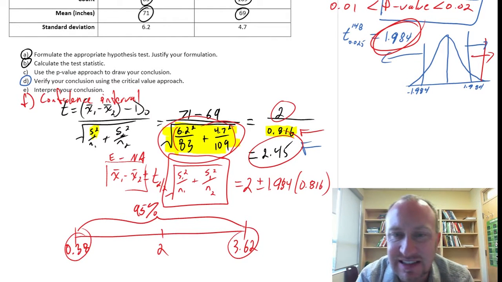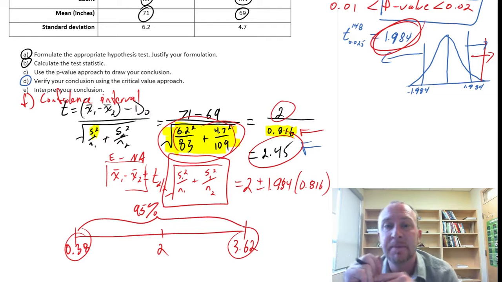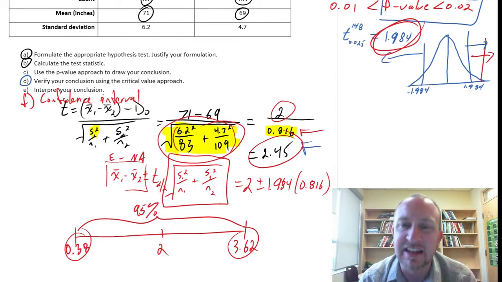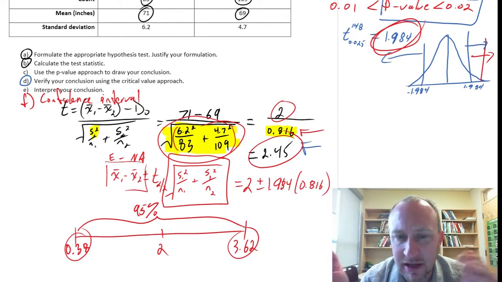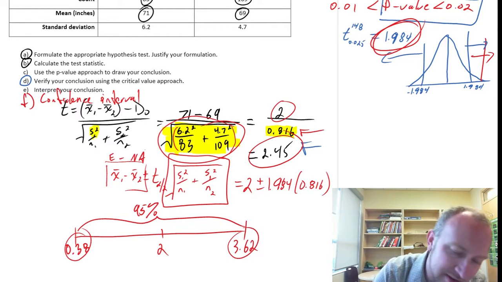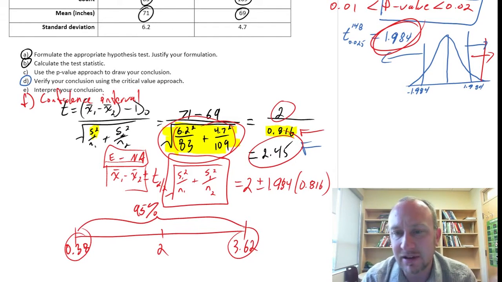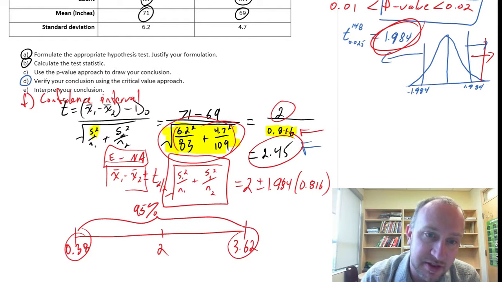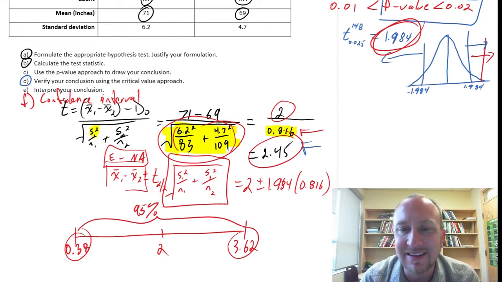So I can simply say, I'm 95% confident that the average height of the Europeans is between 0.38 and 3.6 inches greater than the average height of the North American students, rather than just saying the difference in the means is between 0.38 and 3.6.